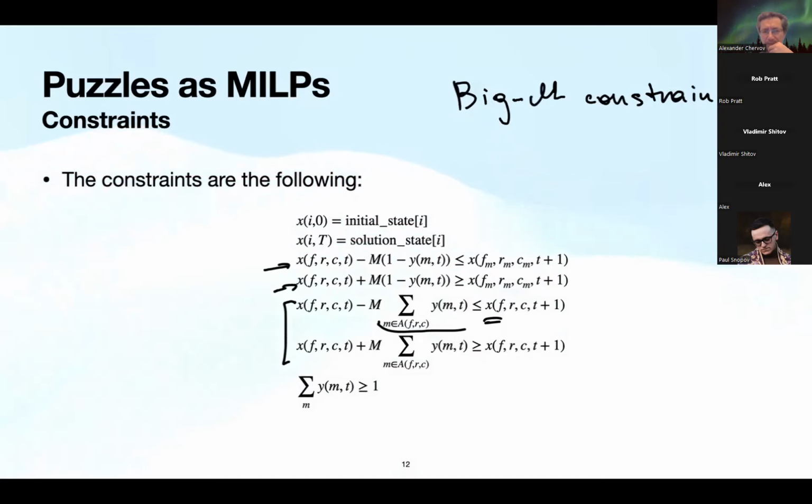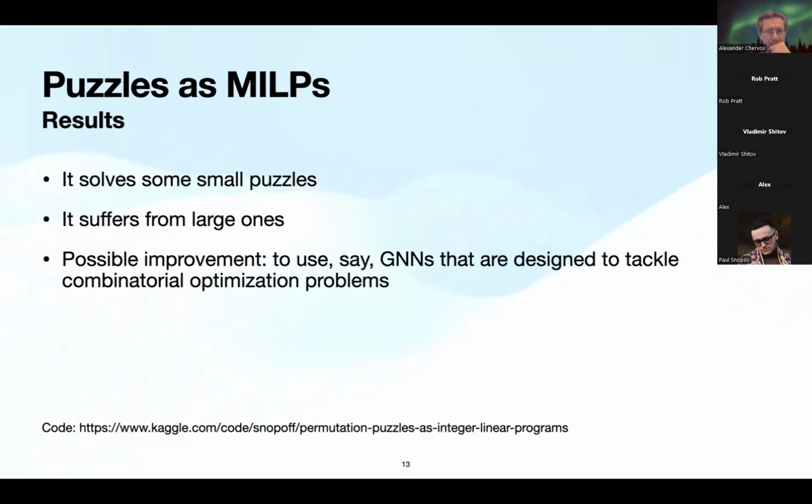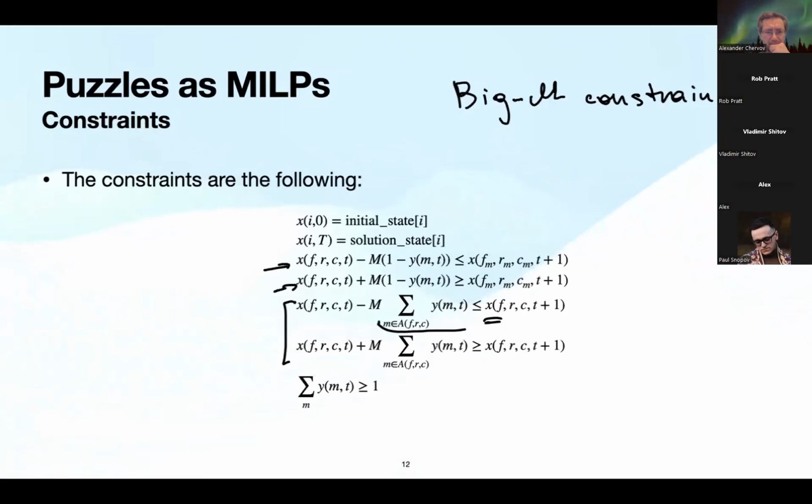You want to say that if y equals 1, then you have some function of x less than a constant, and the way you do that is to rewrite it as this big M constraint that I'll put in the chat as well. So that's the general technique where y is a binary variable.